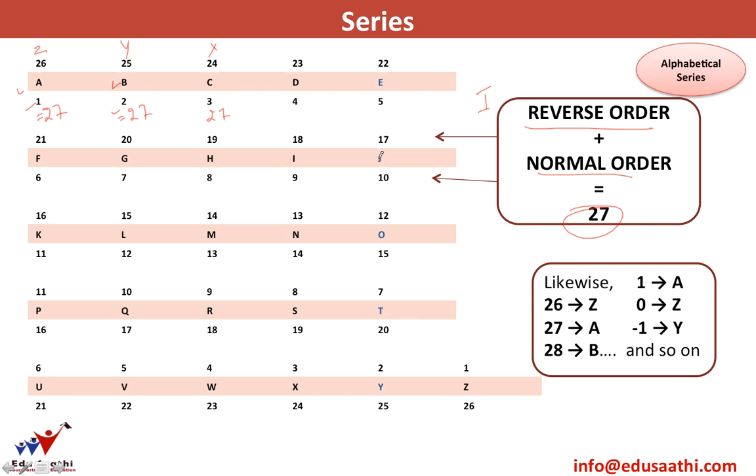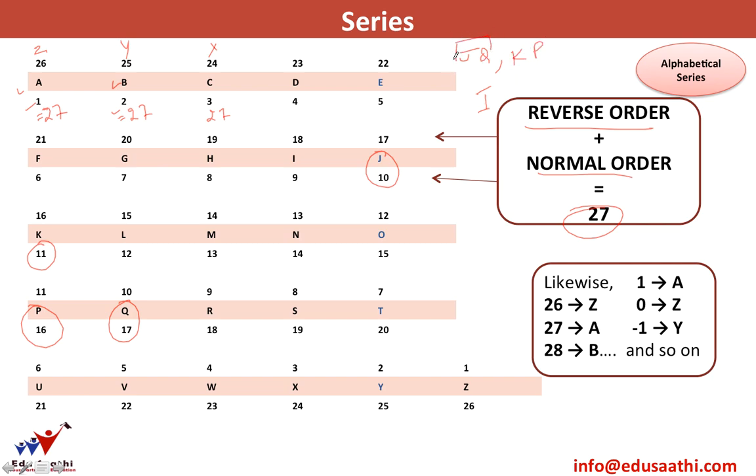For example, they'll give you a series like J is 10 and 17 is, if you look here, Q. So they'll give you something like JQ. Then the next is K. K is 11 and the complement of K is the letter 16, so K and P, so they give you KP. So what is the logic used here?